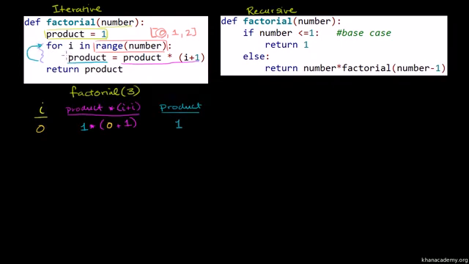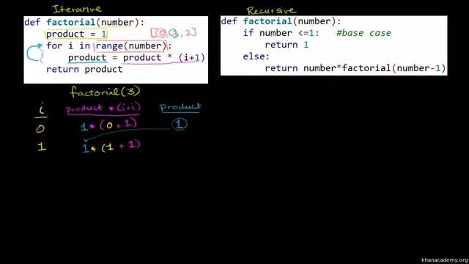We're going to go through the next iteration of our loop. And now I is going to be assigned to 1. This expression over here, we're going to take our old product, so product is still 1. And it's going to be times I, which is now 1, plus 1.